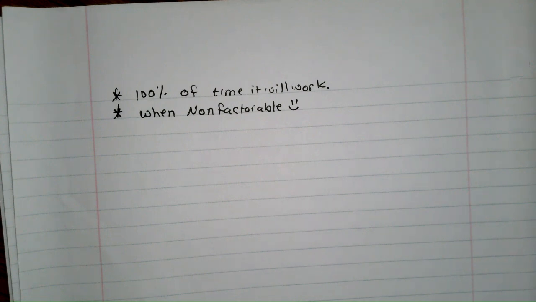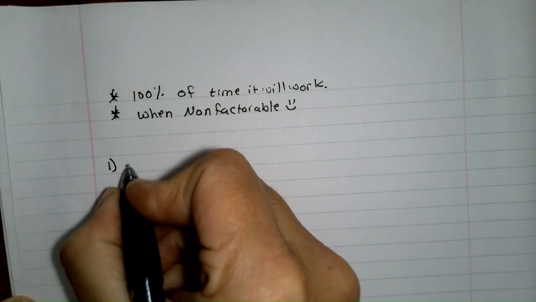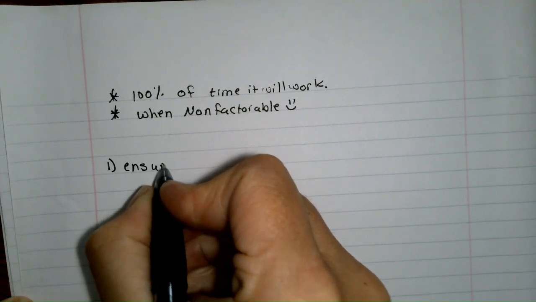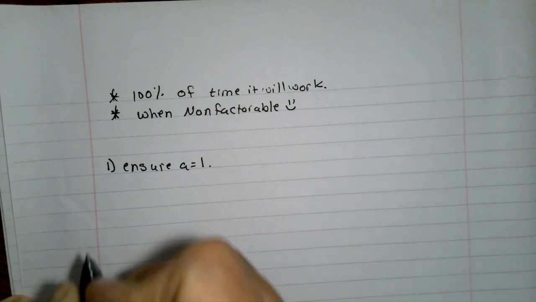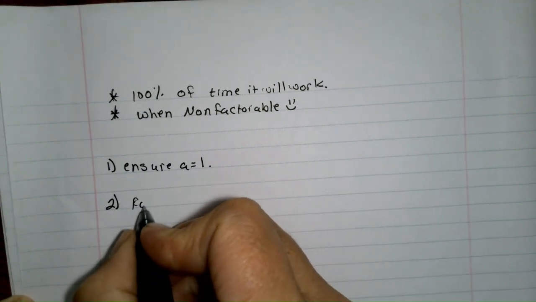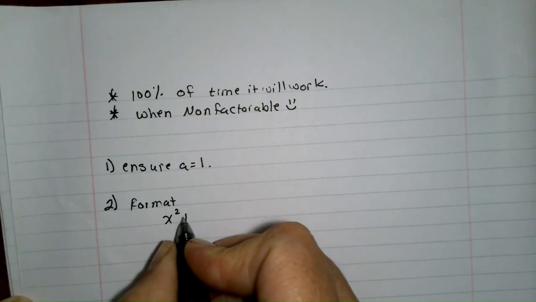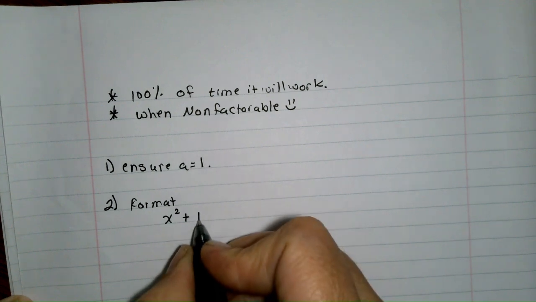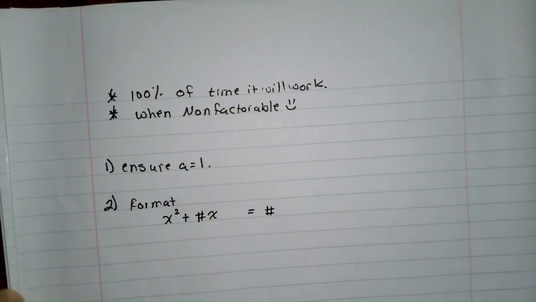So I have a process that works very well for me, and I like to do steps. First step, ensure that a equals 1. Second step, you're going to want it in the form x squared plus or minus a number x equals a number.